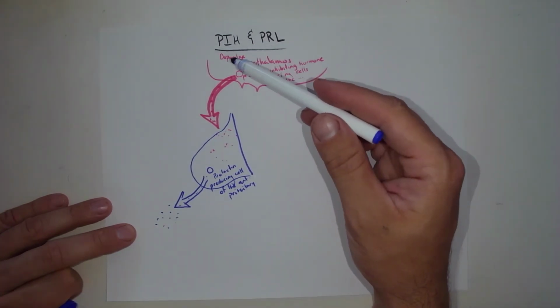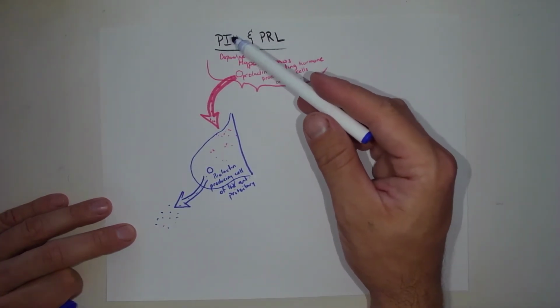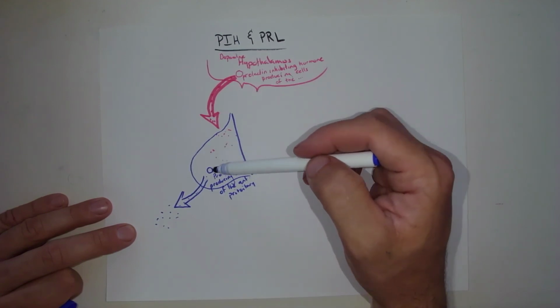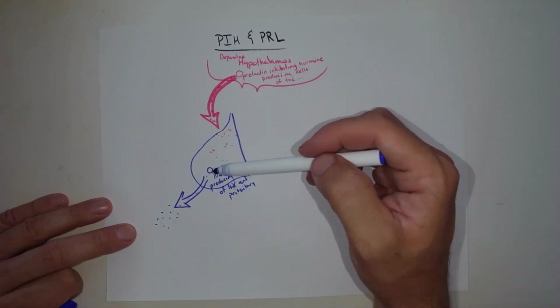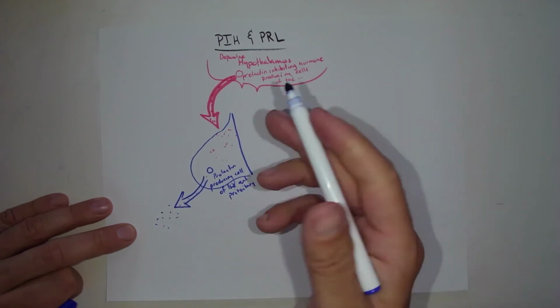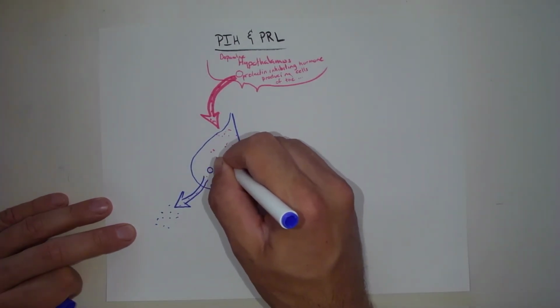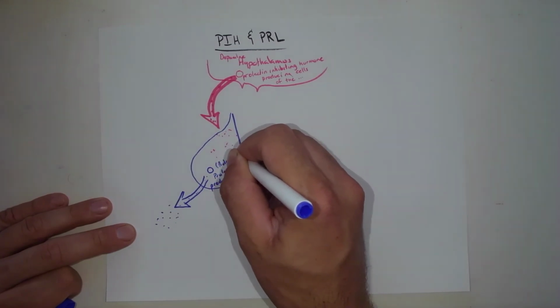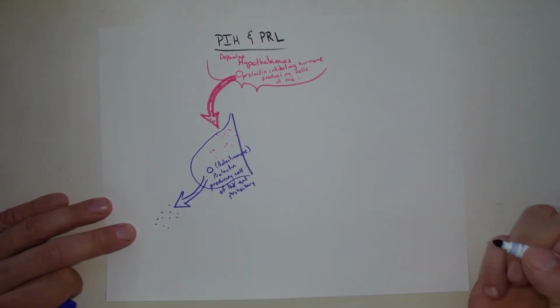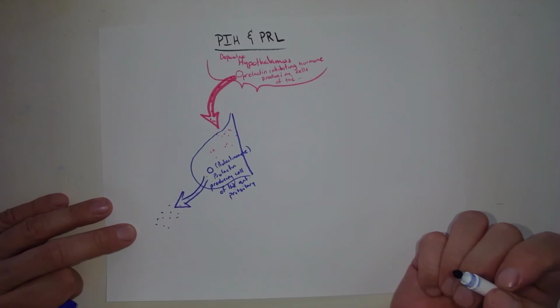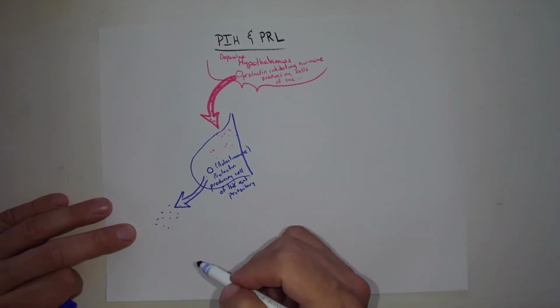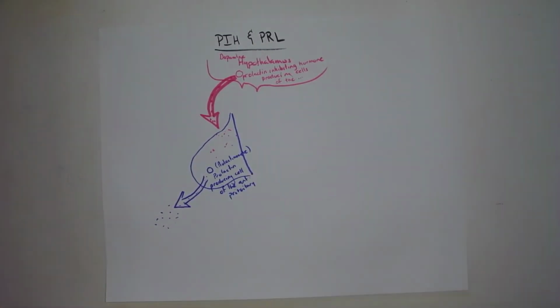Dopamine levels will be high. Prolactin inhibiting hormones will be high, and they're going to inhibit the prolactinocyte, which is another name for this, from making prolactin and secreting that prolactin. Here, the same cell that makes it secretes it.